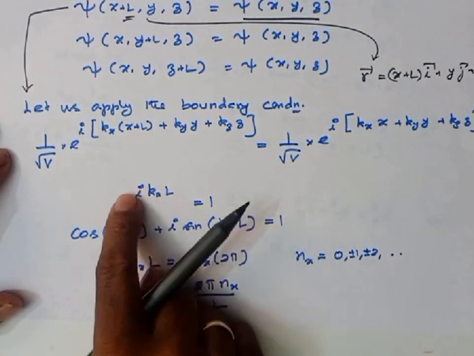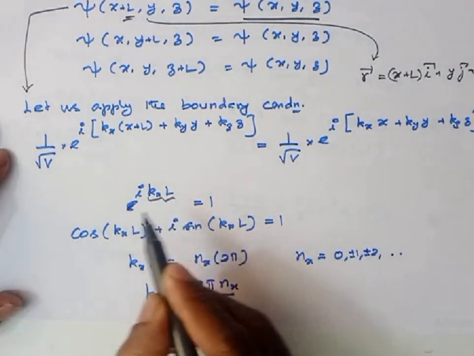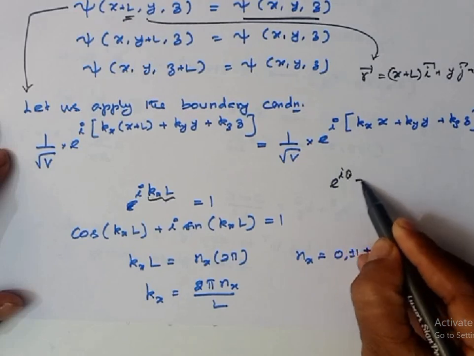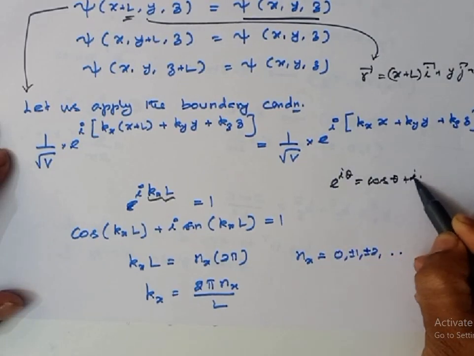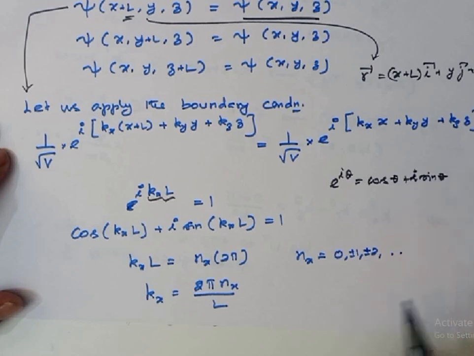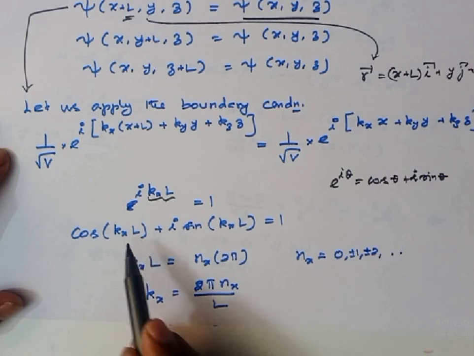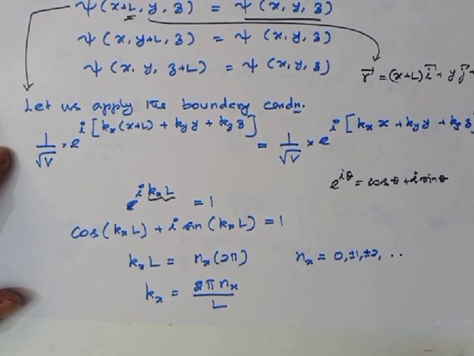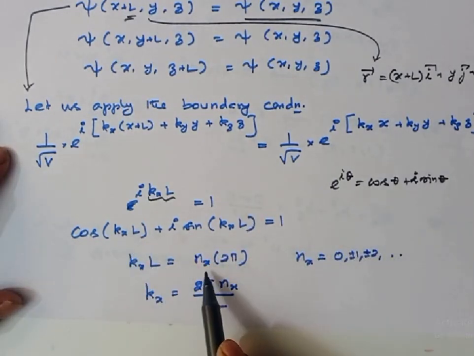If you apply Euler's theorem, taking this as theta, e power i theta equals cos theta plus i sin theta. Similarly, I am writing cos(kx L) plus i sin(kx L) equal to 1. This is valid only if kx L is some integer multiple of 2 pi.